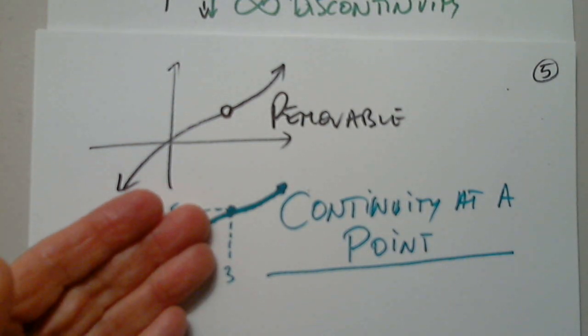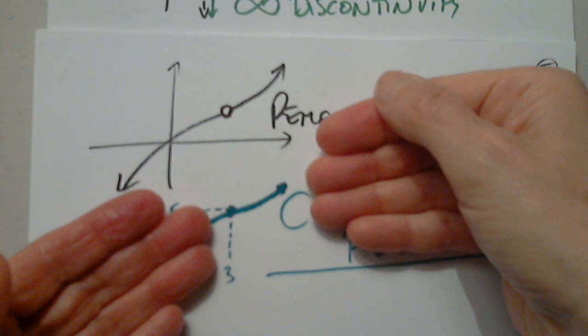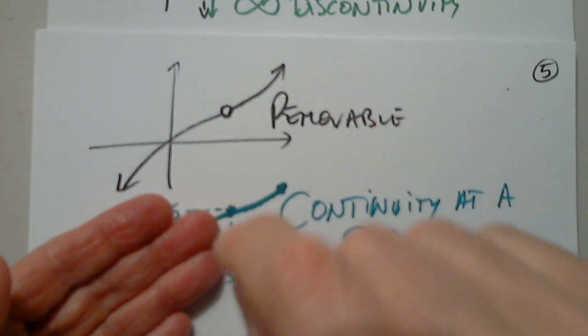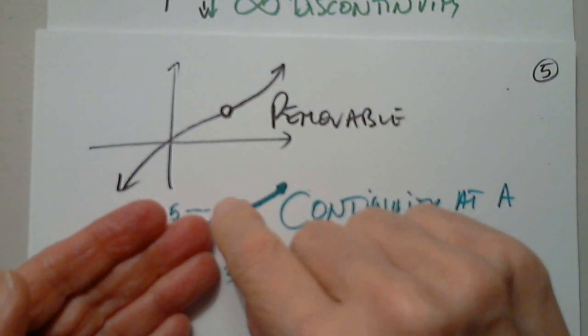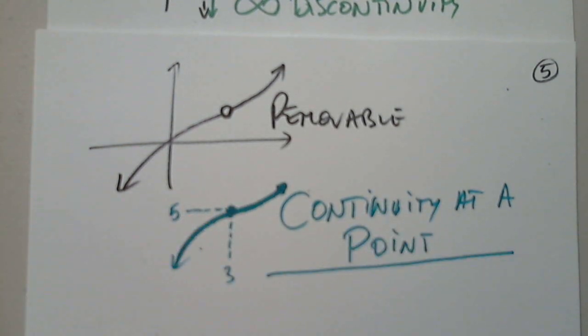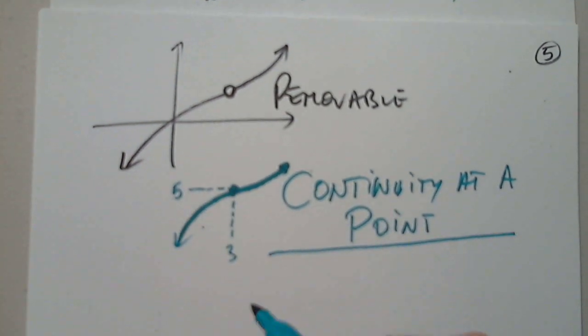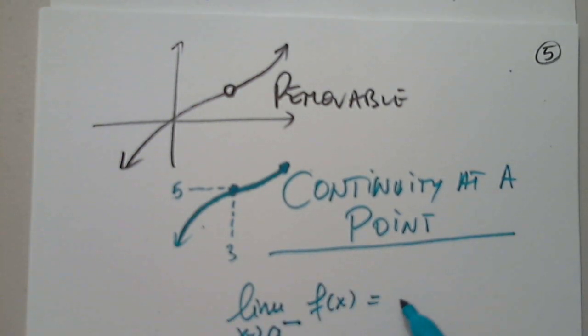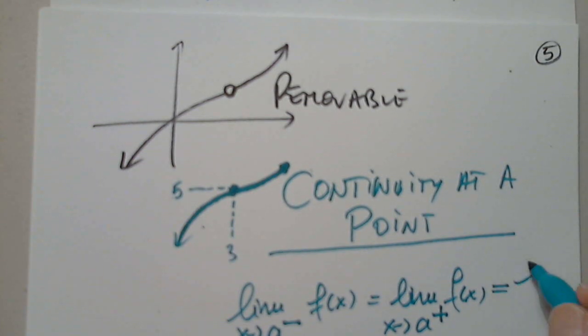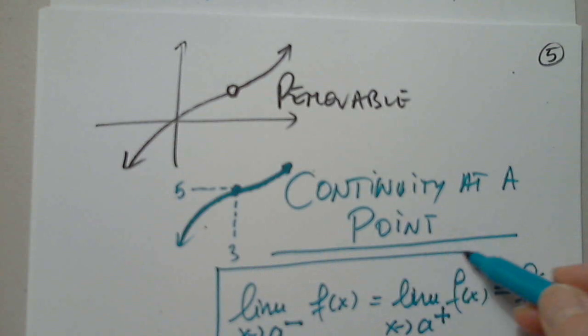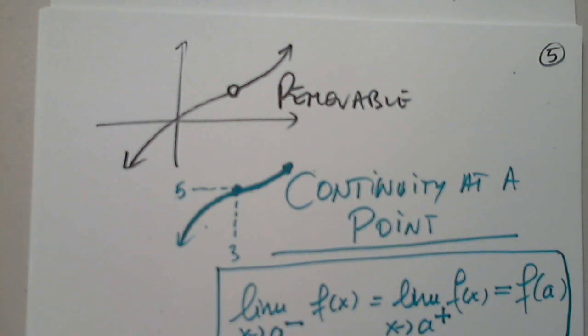The limit from the left must equal the limit from the right and also equal the function value at this point. How do I write this? The limit as x approaches a from the left of f of x equals the limit of f of x as x approaches a from the right and must equal f of a.